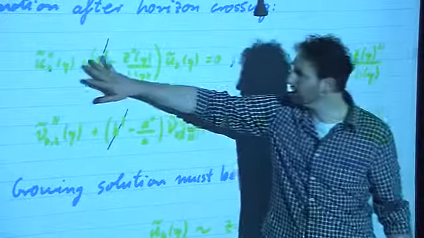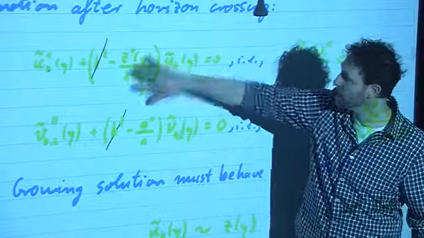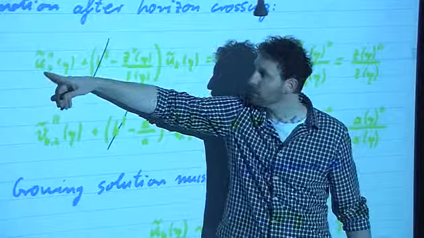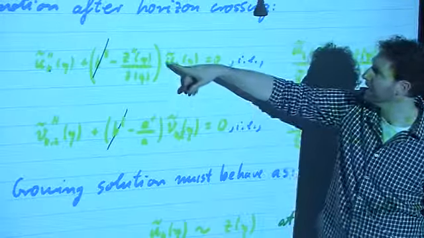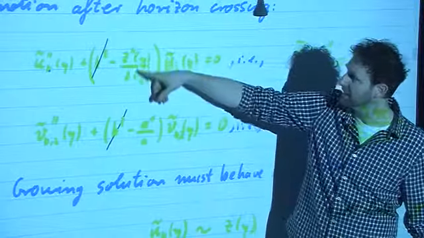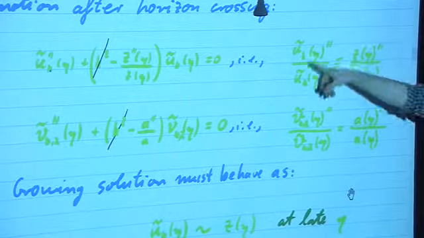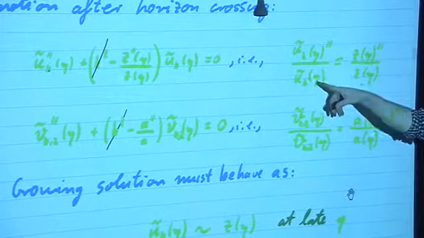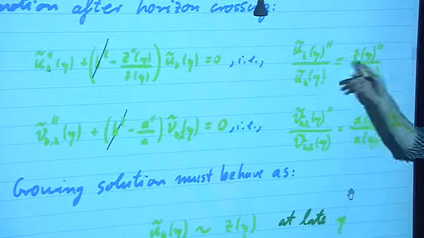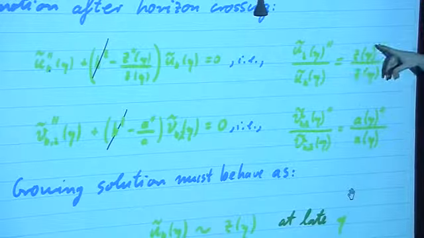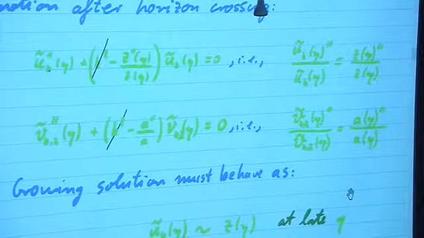So here's the Klein-Gordon equation. Assume this term dominates. Well, then we have u double prime minus z double prime over z, u equals 0, which we can also write in this way. Okay, it's just rewriting that equation. We can write it this way, which says that u double prime over u is equal to z double prime over z.